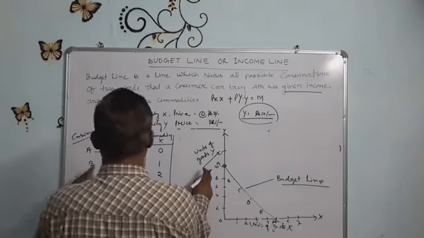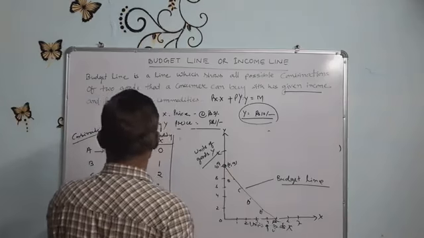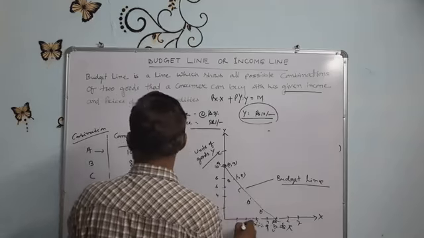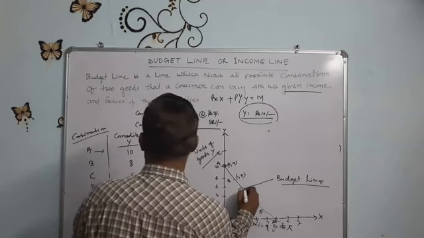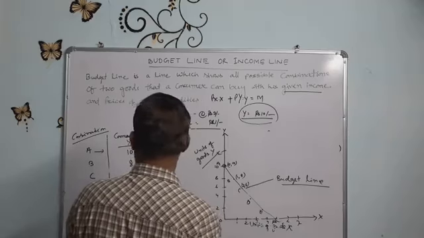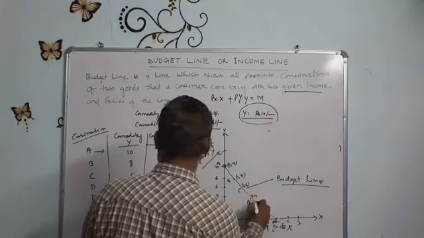So A is a point (0, 10). B is a combination (1, 8). C is a combination (2, 6). D is a combination of two goods (3, 4).